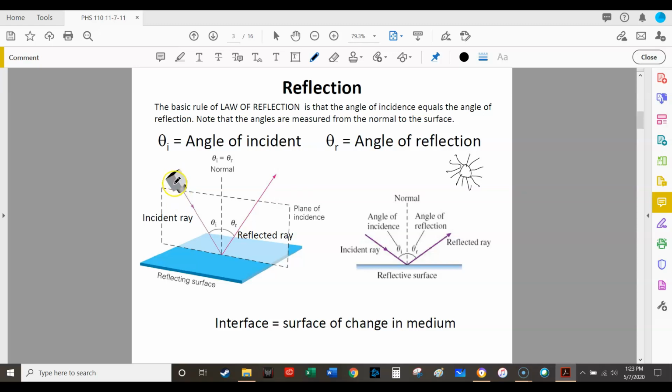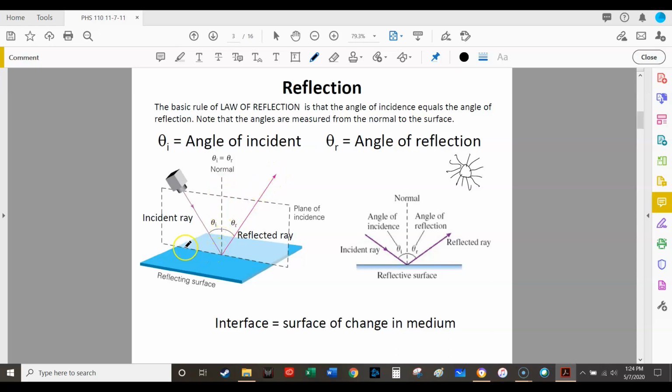It's important to note that with reflection, Fermat's principle of least time leads into the law of reflection, which means this: the angle of incidence is equal to the angle of reflection. Or, the incoming light ray bounces off a surface and then reflects out at the same angle.